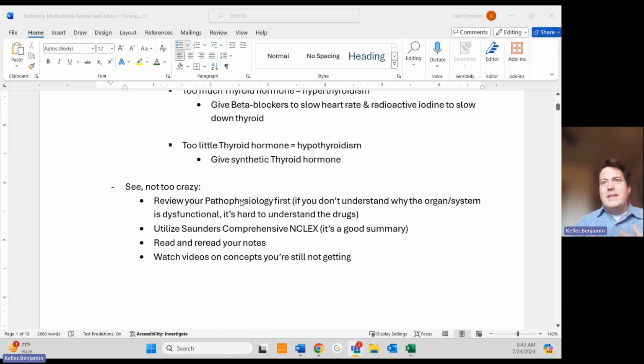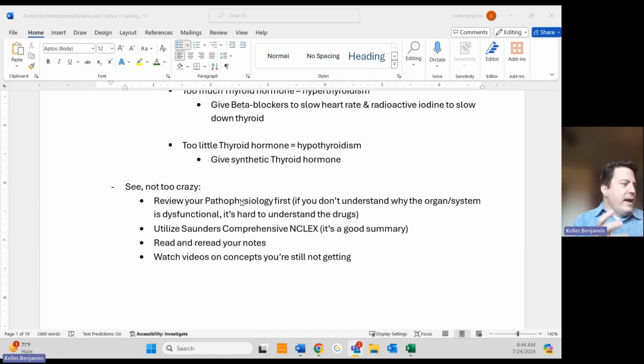Some strategies: just review the pathophysiology of what the disorder is, generally, like insulin and diabetes. In diabetes, the insulin isn't working so well from the pancreas in type 2, or not at all in type 1. So get a quick overview of your patho.